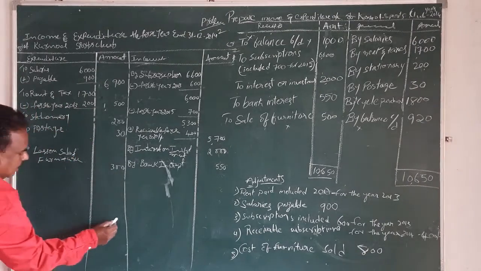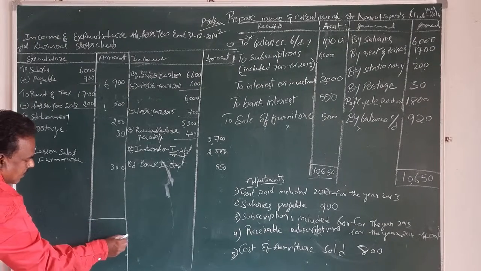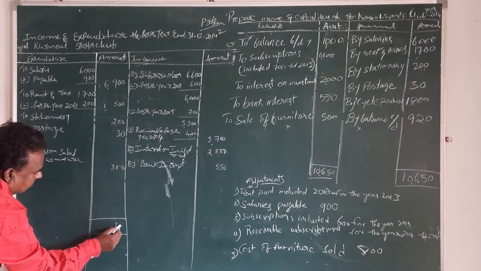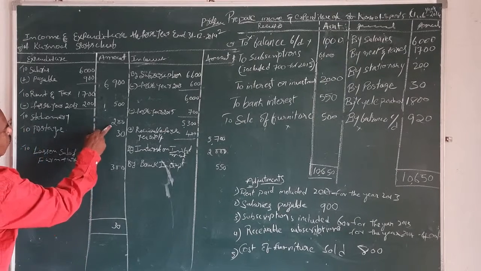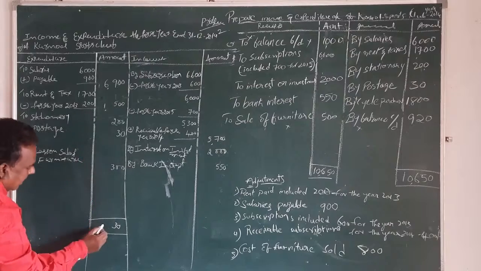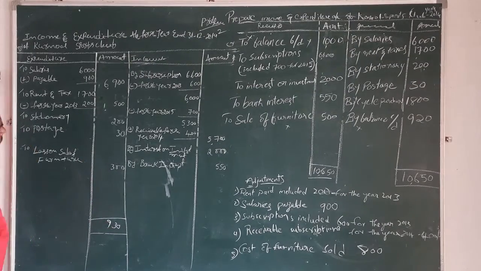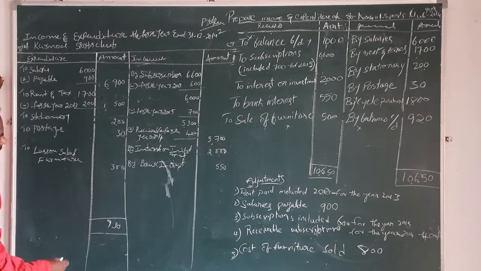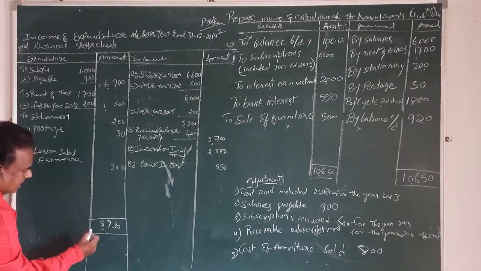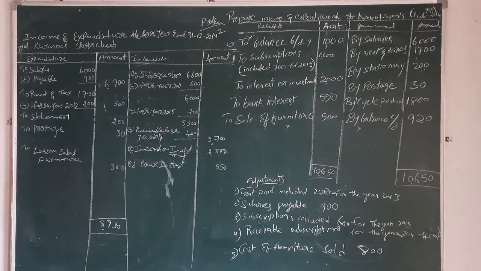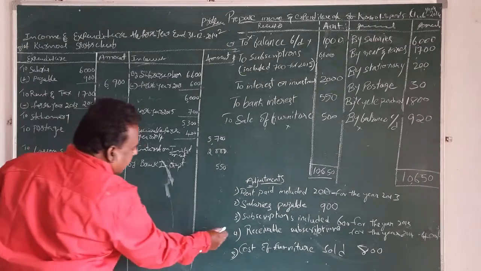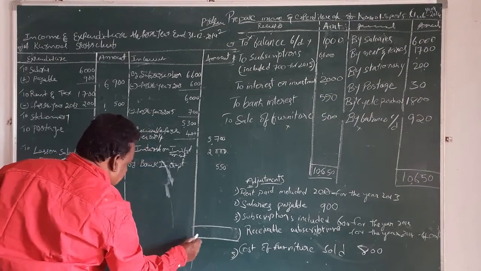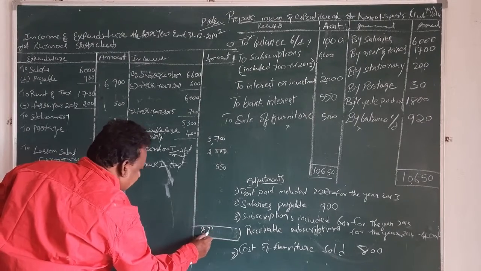So, debit balance 8,930 expenditure particulars. Carry forward to the credit side 8,930.